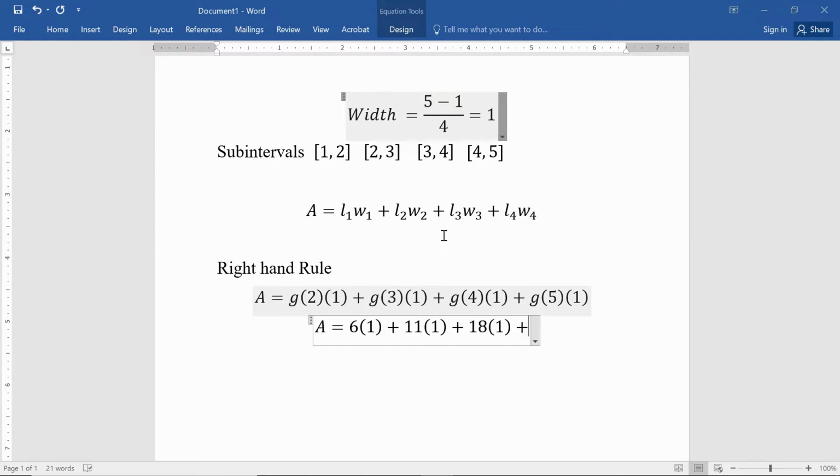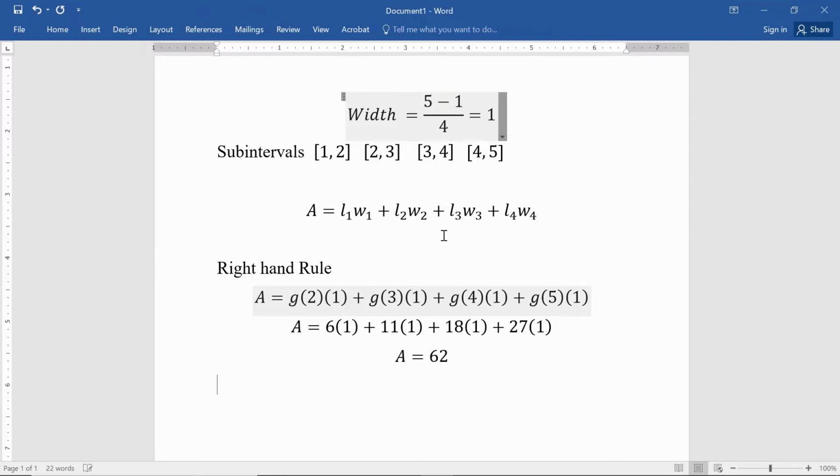And g of 5 is going to be 27. So I end up with 27 times 1. That means the area is what you get when you add those 4 rectangle areas up. If you do that, you get 62. So the approximate area using the right-hand rule is 62.